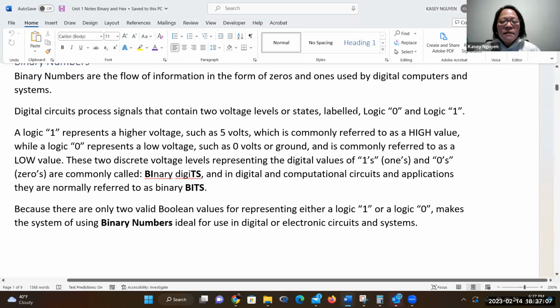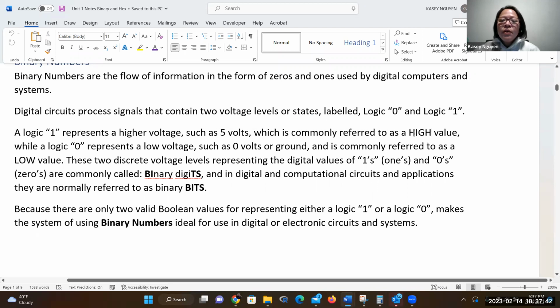Because your computer or your smartphone or your devices, the embedded system, uses logic 0s and 1s. So 1 is when it's on, 0 is when it's off. When you have a 1 in the binary system, the board or the processor actually receives 5 volts, and that's considered a high value.